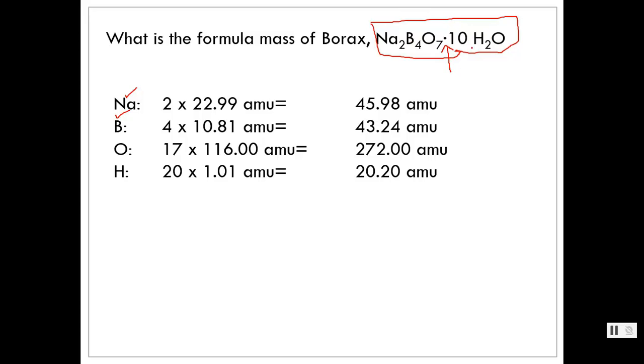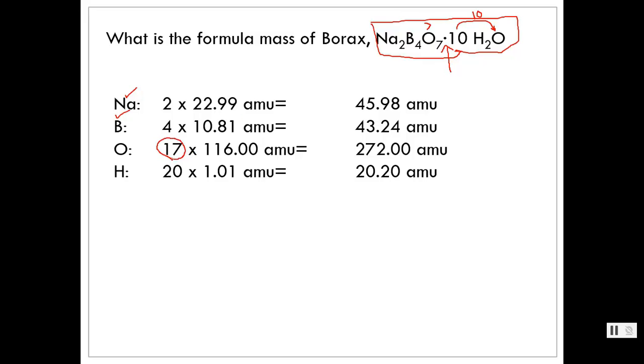But you should be able to see this and say, oh, I've got 7 oxygens from this part, and from the 10 H2Os, I have 10 oxygens. So how many total oxygens do I have in this molecule of borax? I have 10 plus 7, or 17.